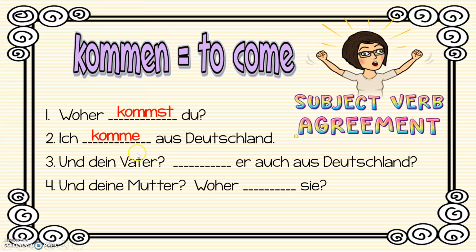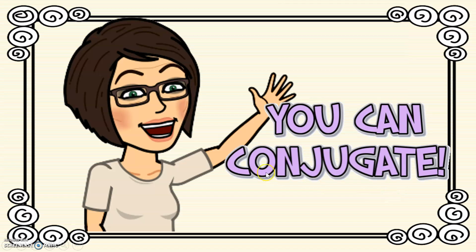If I take your father out of the sentence and replace it with a pronoun, I replace it with he. And your father? Kommt auch aus Deutschland? Does he also come from Germany? And your mother? Where does she come from? He, she, it, T. And now you can conjugate.